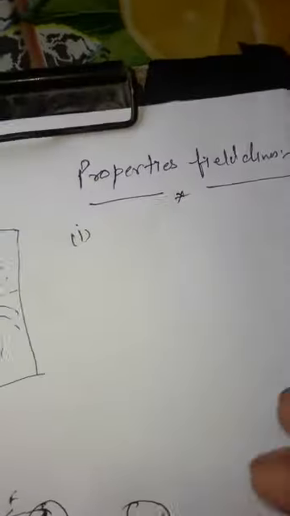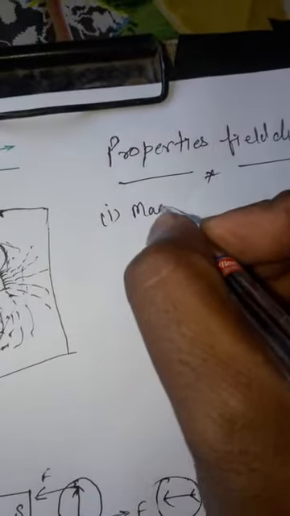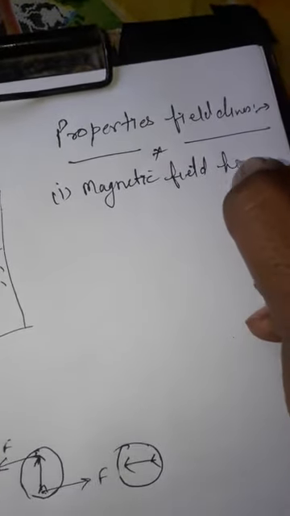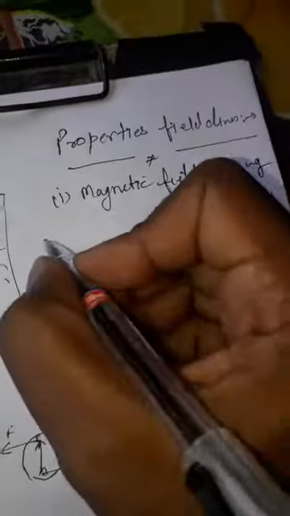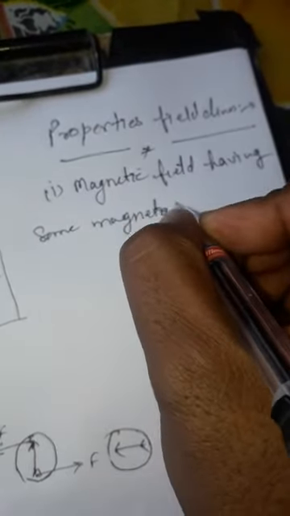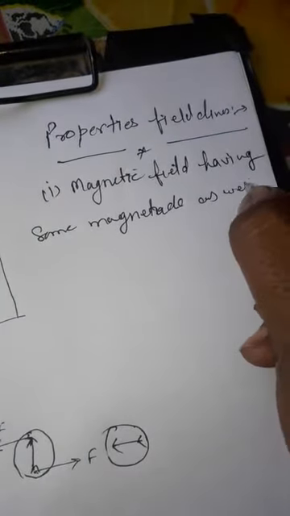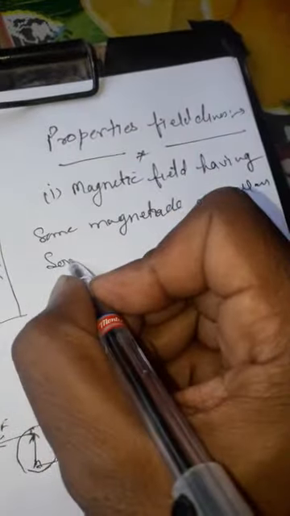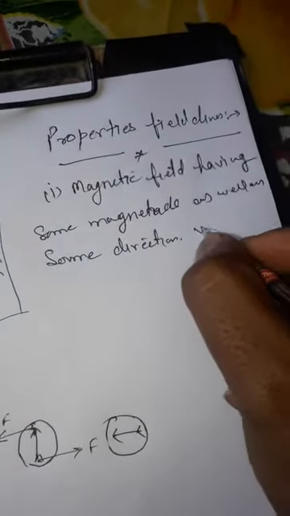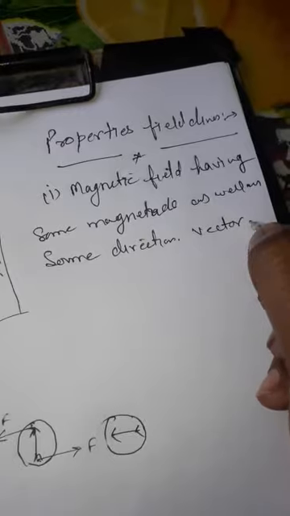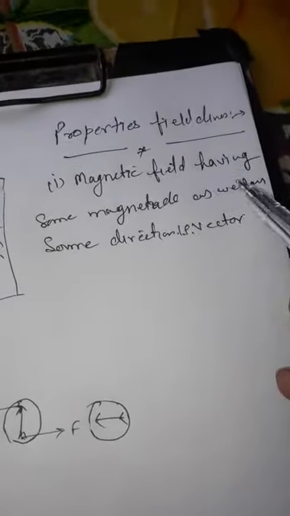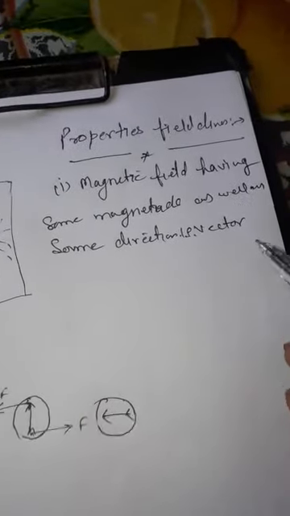So we can say the magnetic field has some magnitude as well as some direction. That is why it is a vector quantity, because a quantity which has magnitude as well as direction is called a vector.